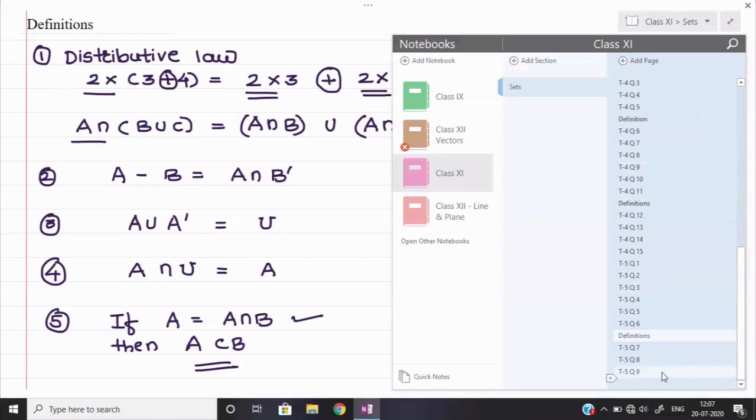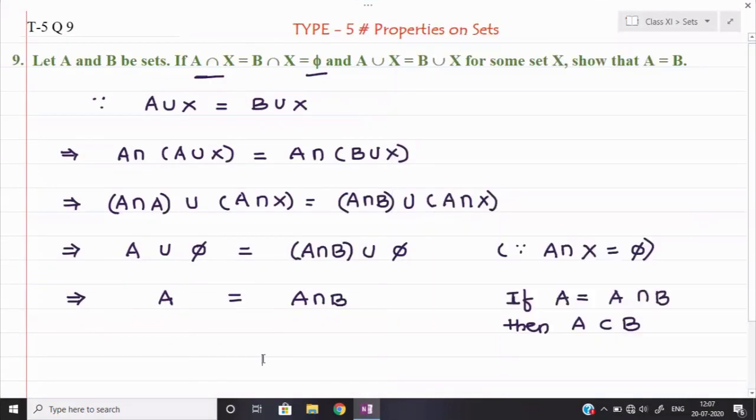Now the same definition I am taking over here. So here in the ninth question we got A and A intersection B are equal. So what we can say here, in that case A will be a subset of B. This is our relation number 1.